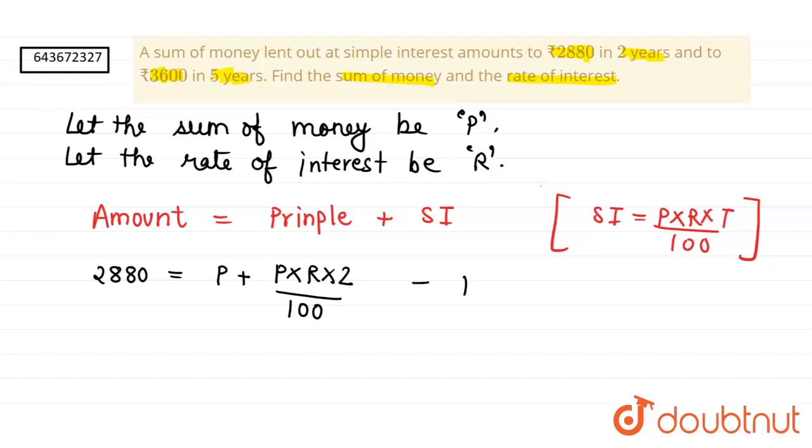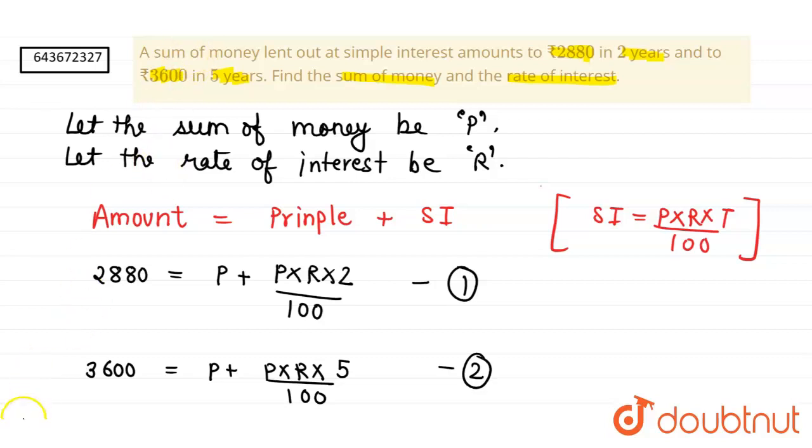So now let us assume this is our equation 1. Now we will move to the second, that it becomes 3,600 in 5 years. So 3,600 is equal to P plus P into R into time, which is 5 years, divided by 100. Now let us assume this is our equation 2.